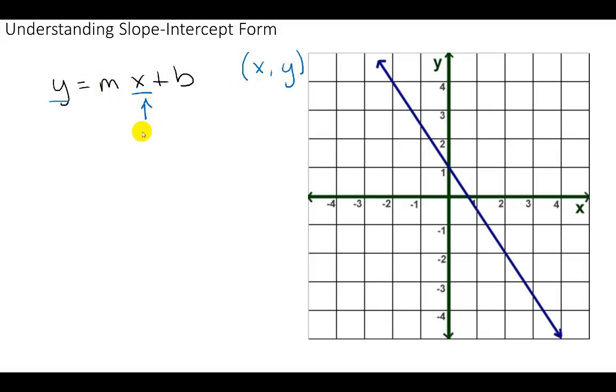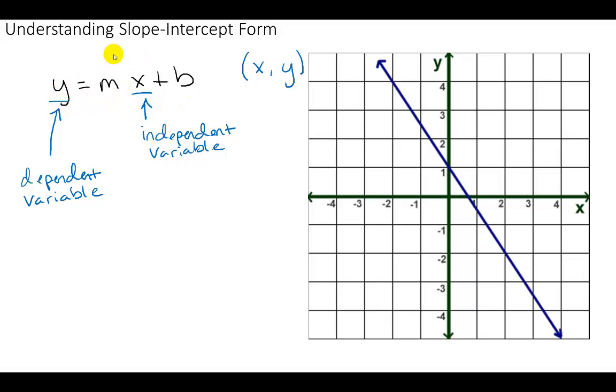X is our independent variable, and y is the dependent variable. When we pick a value for x, then y will be forced to be something.